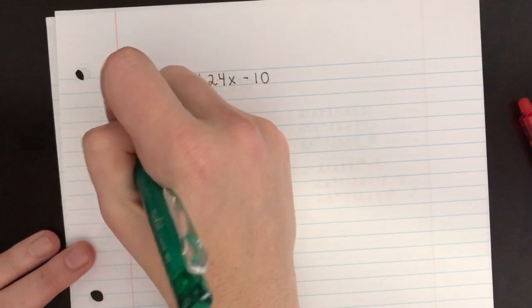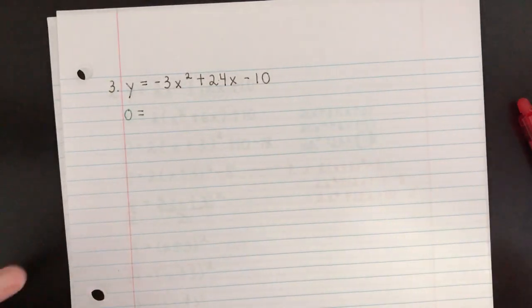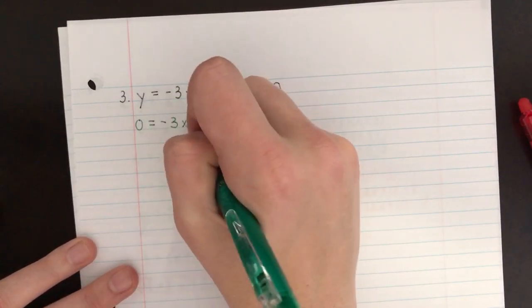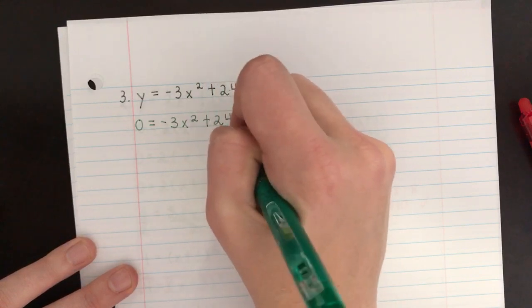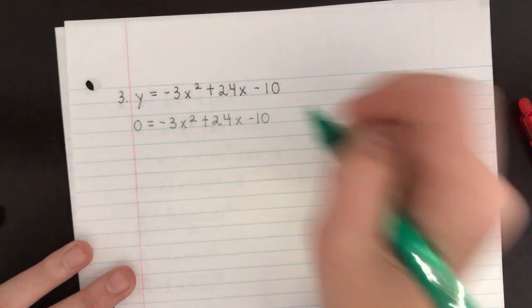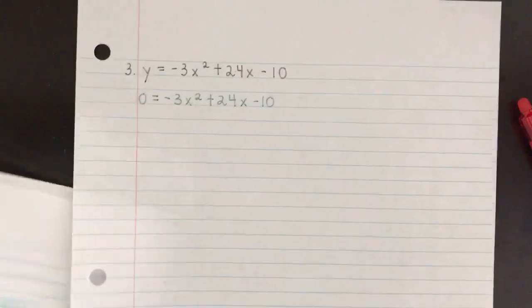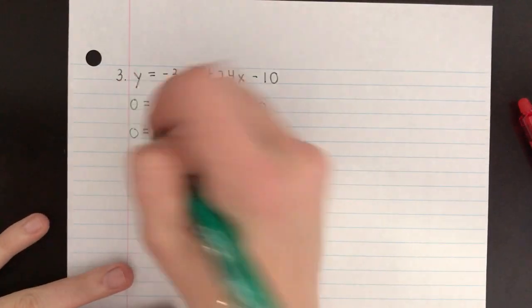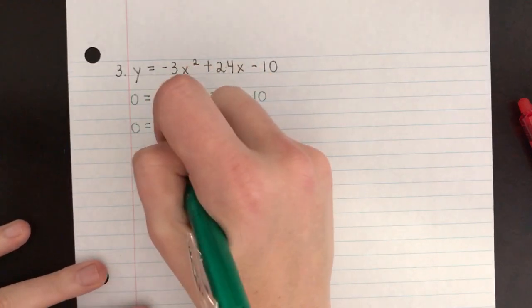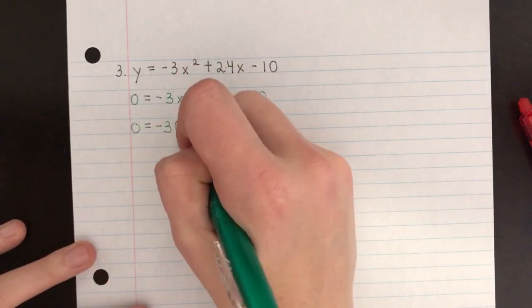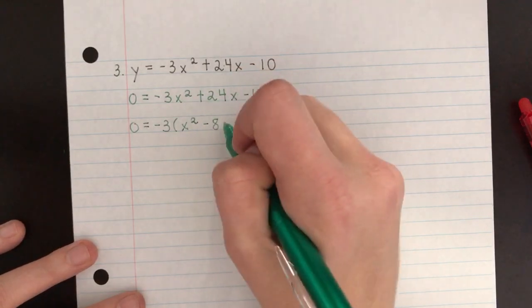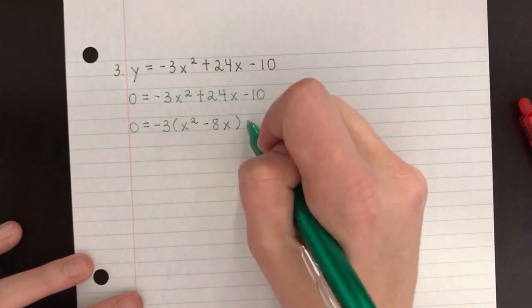Of course, like I said, you plug in 0 where you see y, and then we can rewrite the problem. Okay, and so it doesn't bleed through. All right, so of course, if you've got an a value other than 1, you must factor it out of the first two terms. So this would become x squared, and this would become negative 8x, correct?